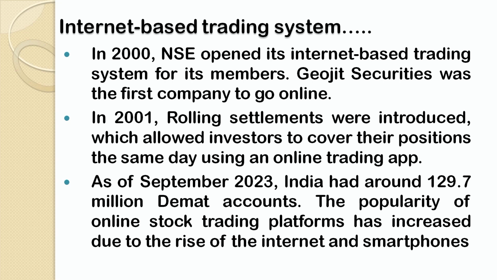This rolling settlement allowed investors to cover their positions the same day using an online trading app. Thereafter, as of September 2023, India has around 129.7 million Demat accounts, and the popularity of online stock trading platforms has increased due to the rise of the internet and smartphones.